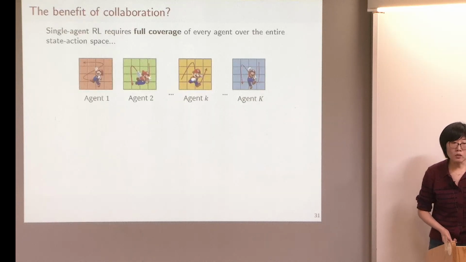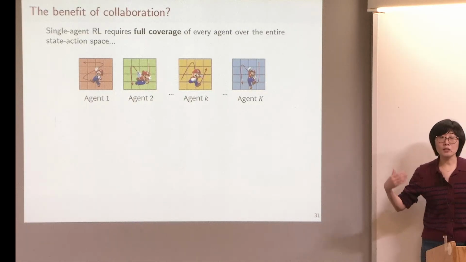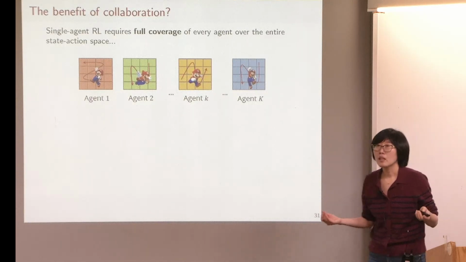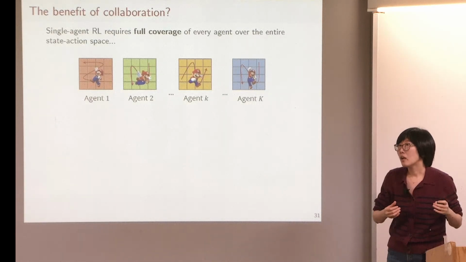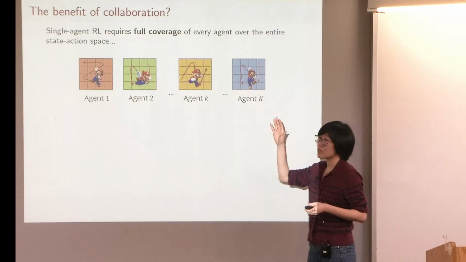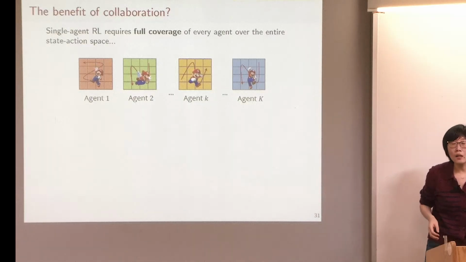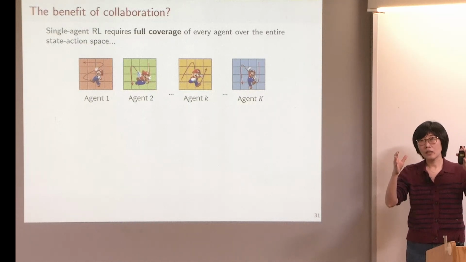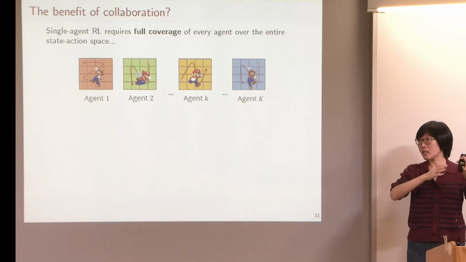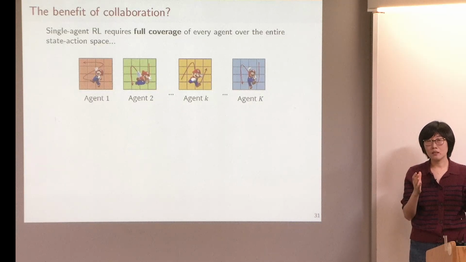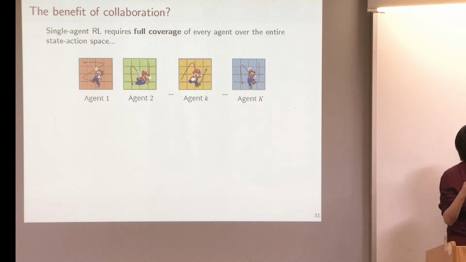And we also want to get some collaboration benefit. Back in the earlier part, if you just do single-agent Q-learning, theory tells you that you have to have the agent visit the entire state action space. That's a pretty strong requirement.